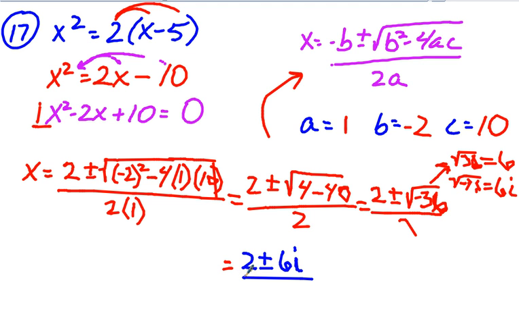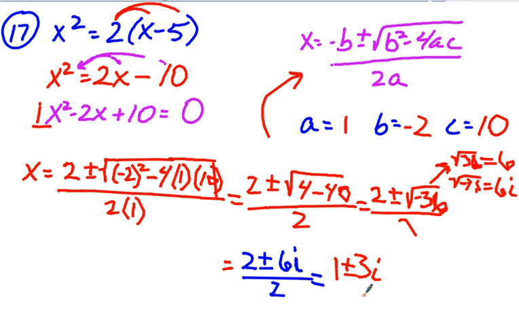And then over 2. Now, we would be done except for the fact that all these numbers will reduce by 2. So we're going to reduce everything by 2. Well, 2 divided by 2 is 1, plus or minus 6 divided by 2 is 3. And then here, we could put this all over 1, but we don't want to do that.